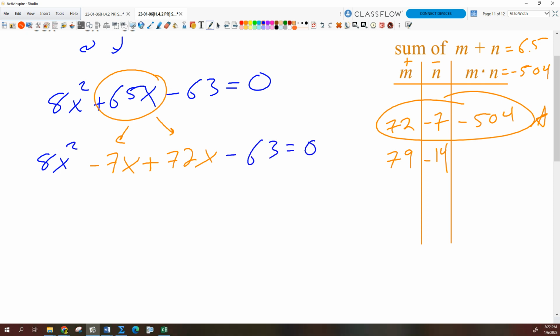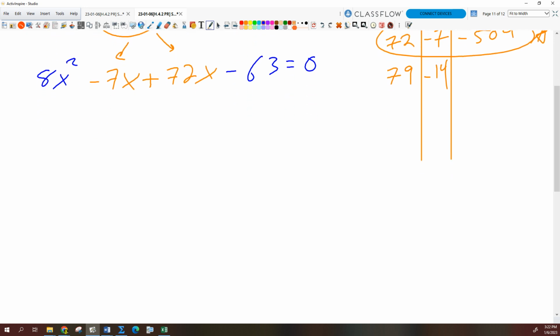And now what? Okay, GCF of group 1 is what? X. So we factor out an x, and we're left with 8x minus 7. Okay, good. Plus, how about group 2?